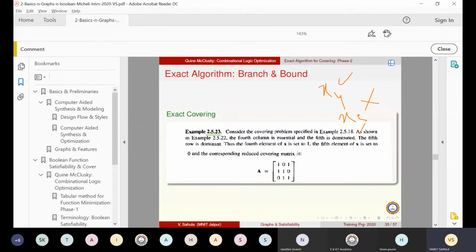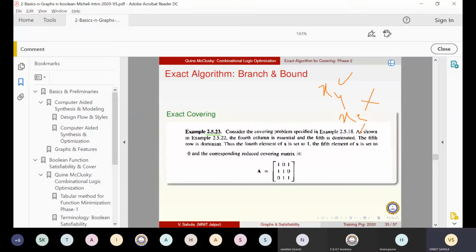Any pair of columns has no ones common only, they have different ones also in other rows. And no rows have a common one, such that only those are common, others are not. So now we have to go for selection. So we are left with 3 columns. Out of 3, we'll have to choose.